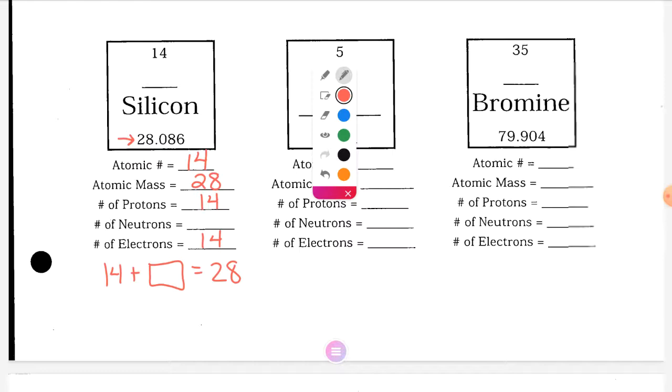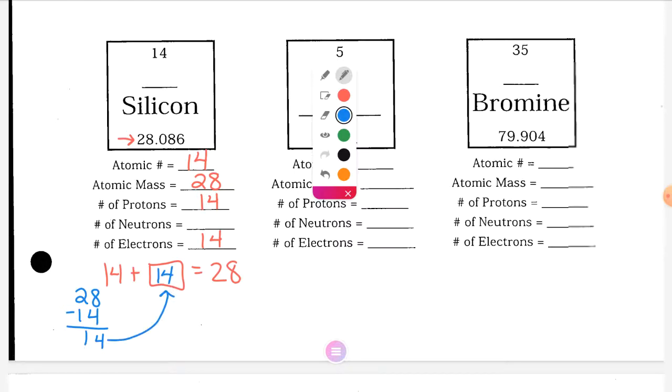Let's say that's not mental math for us. What math problem could I use to find that answer, Braylon? 28 minus 14. Yeah, so if you are struggling to find that, write in our fact family that we use to find it. So 8 minus 4 is 4. 2 minus 1 is 1.